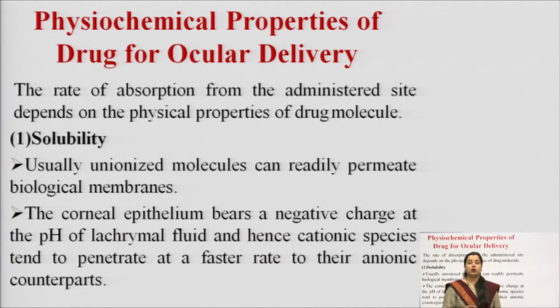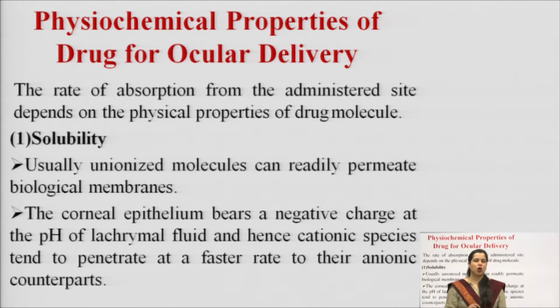Because the main thing in the dosage form is the drug, which must reach the systemic circulation or give the required effect, we need to discuss the drug properties in detail. For any type of system, be it ocular or transdermal, drug properties need to be discussed in detail while designing any controlled delivery system.